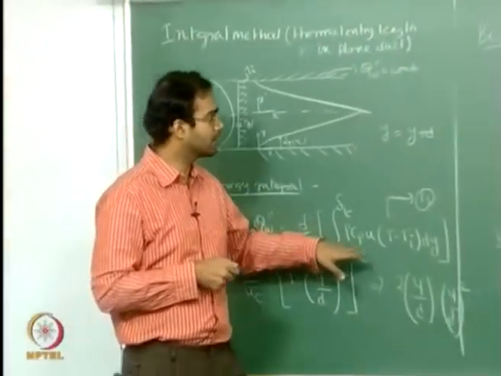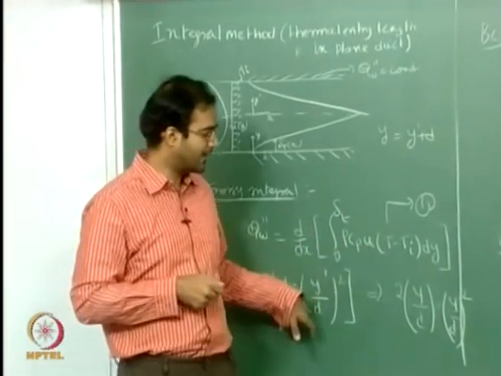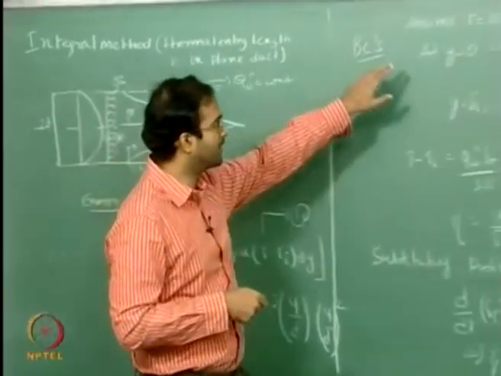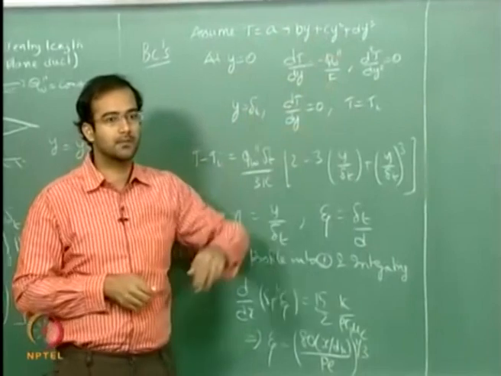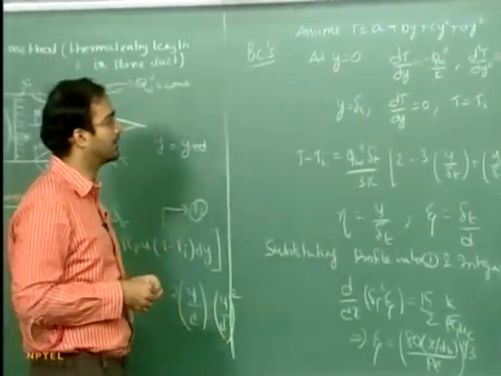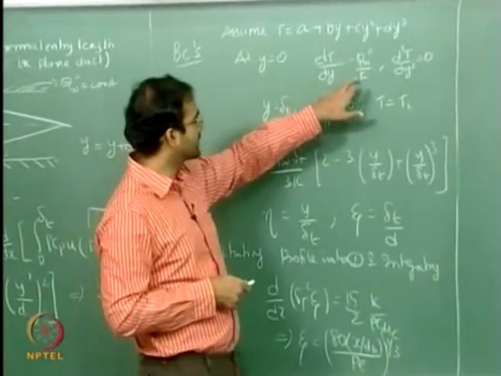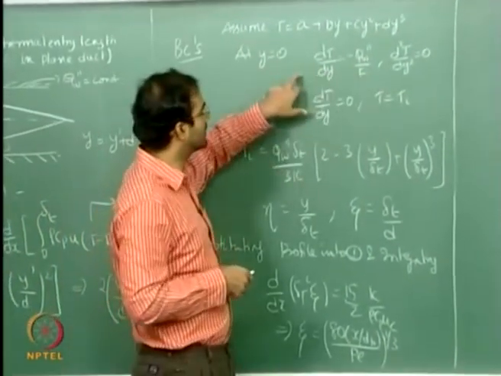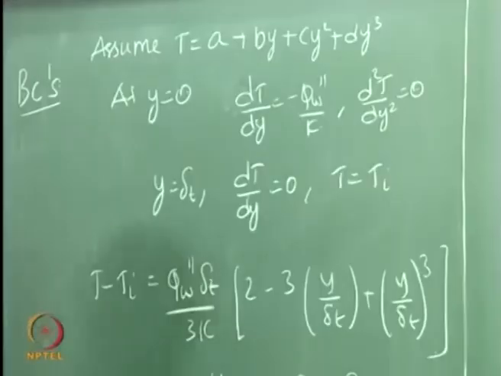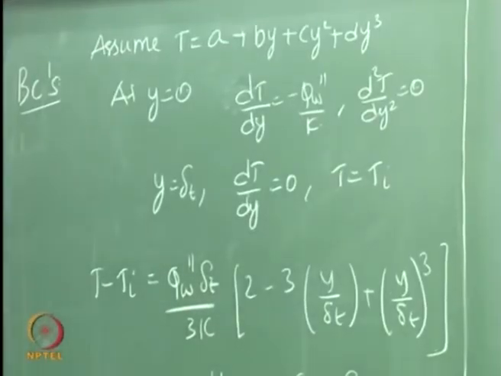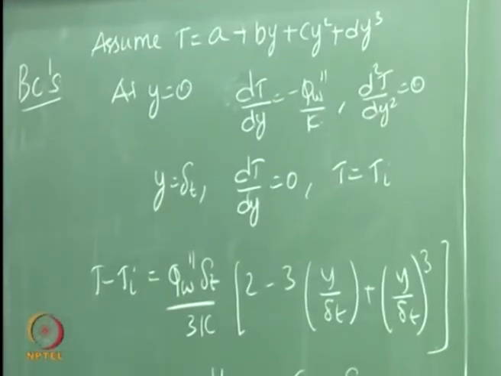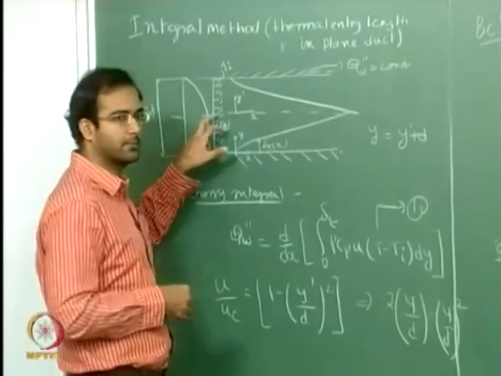Therefore we use the fully developed velocity profile from the analytical solution, but for the temperature profile in the developing region we just make a guess for a cubic polynomial as usual, and these are the boundary conditions. You specify wall flux at y equal to 0, and at y equal to delta t the gradient is 0, and the temperature at the edge of the boundary layer is equal to the inlet temperature.